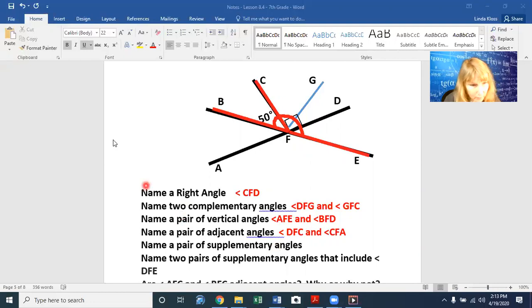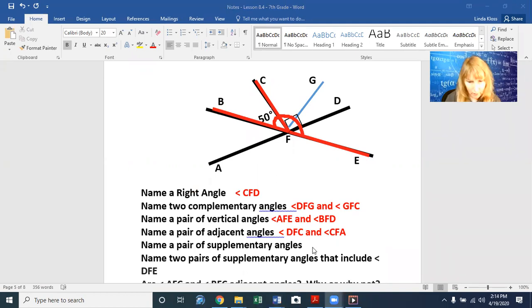So name a pair of supplementary angles. Well, that was adjacent. Okay, supplementary angles are two angles that add up to 180 degrees. Well, we just found three sets of them, didn't we? So we'll use the one that's on the board right now. Angle BFC is supplementary to angle CFE because together they equal 180 degrees.